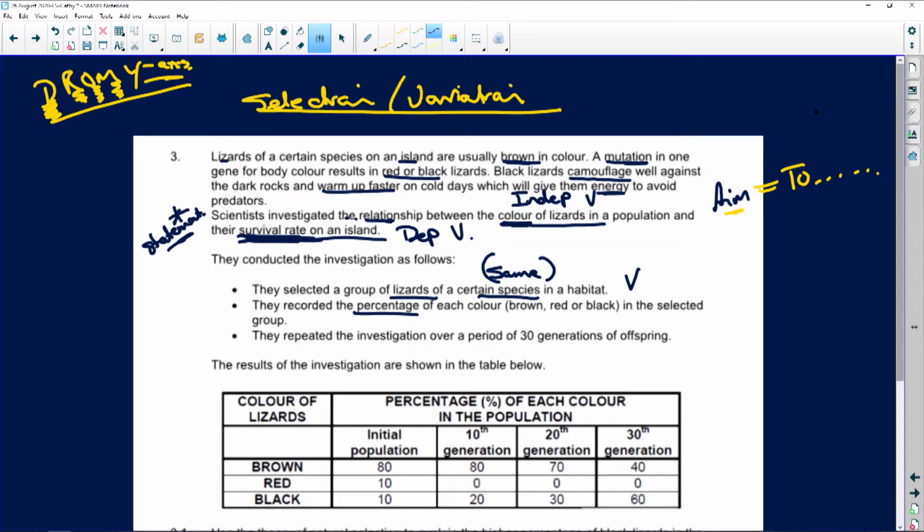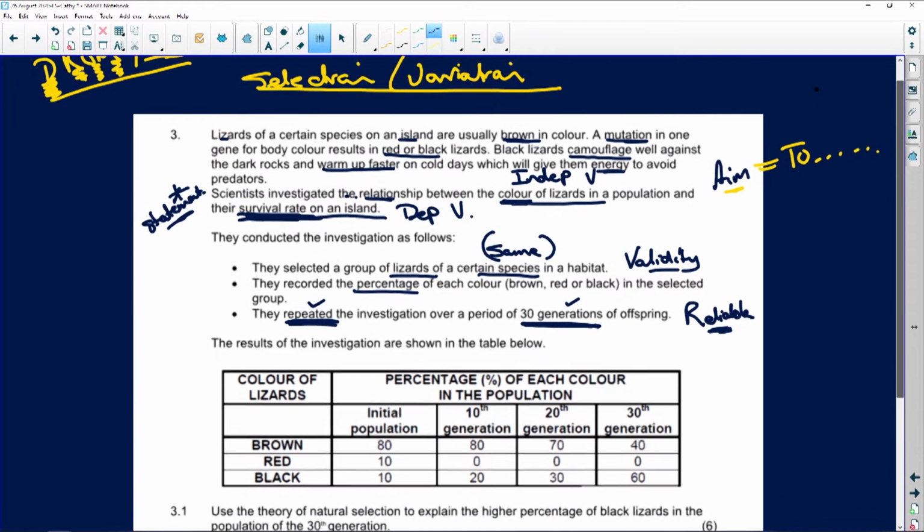They repeated the investigation over a period of 30 generations, which talks to the fact that the results are reliable. So it talks to the reliability. This talks to the validity. Okay, so reliable because they did it over a long period of time and they repeated it often.